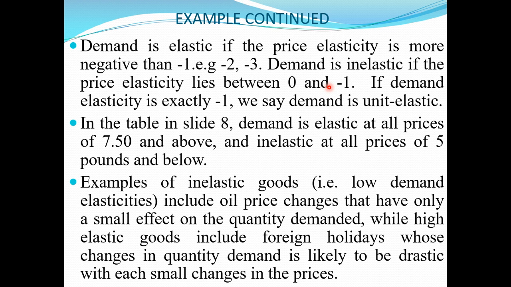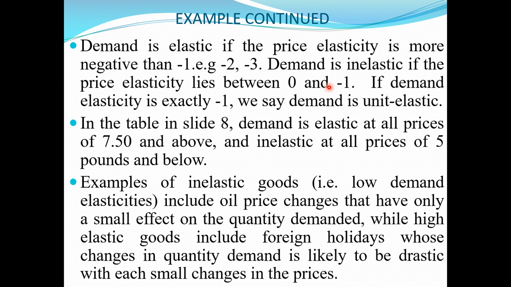Now, there are times when you increase price by 10%, quantity demanded also reduces exactly by 10%. Of course you have a 10 on top, you have a 10 down. What do you have? 1.